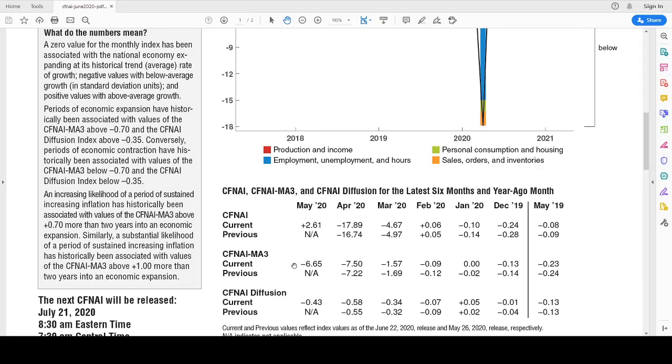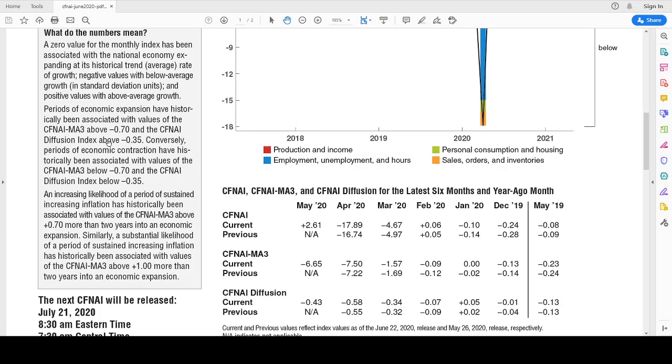So they provide that. And it comes in at minus 6.65, and they do that to filter out those big months, plus or minus. So it tells you that perhaps this month is just a one-off print and that the actual trend is still below average. That's the way you read it, below average.